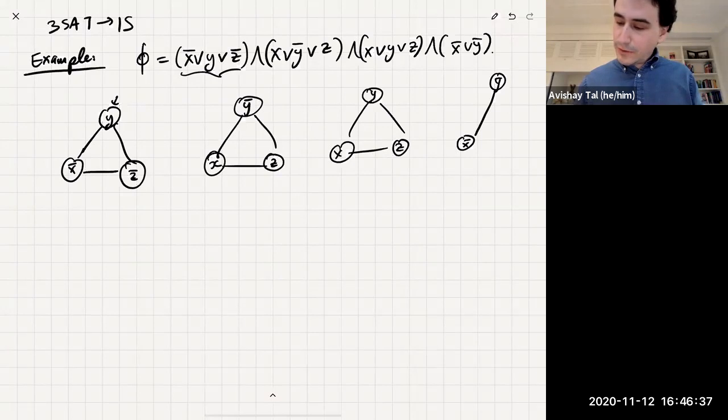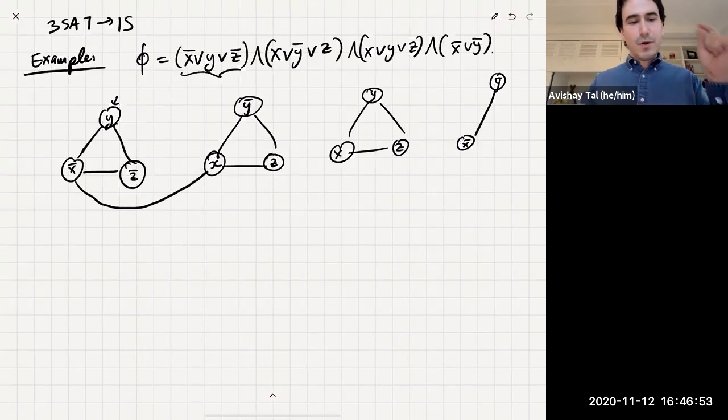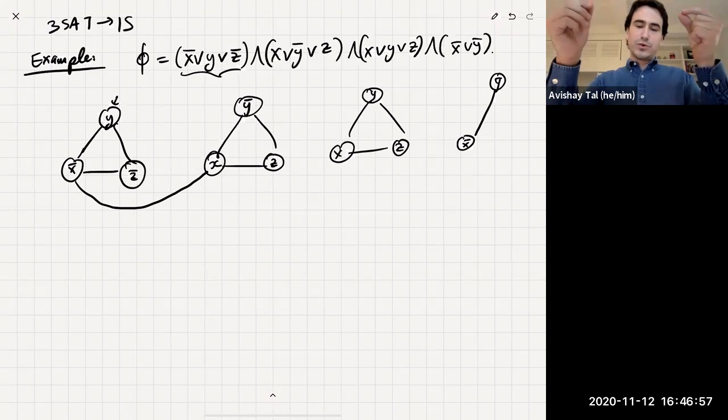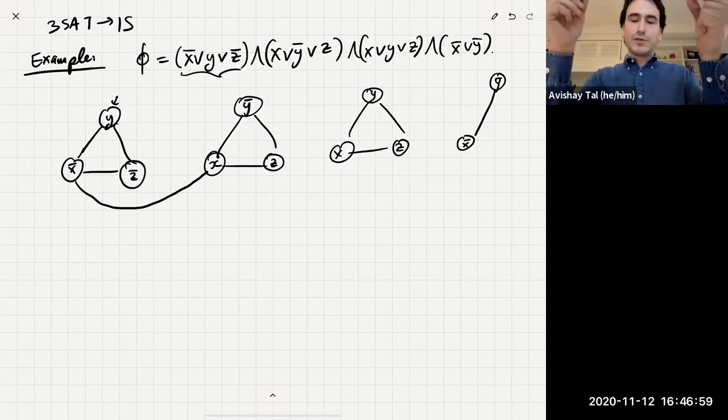So now I'm going to add edges between every vertex that is marked with X and every vertex that is marked with X complement, X bar. The idea is that I don't want to pick both the vertex that corresponds to X and the vertex that corresponds to X bar in the independent set.